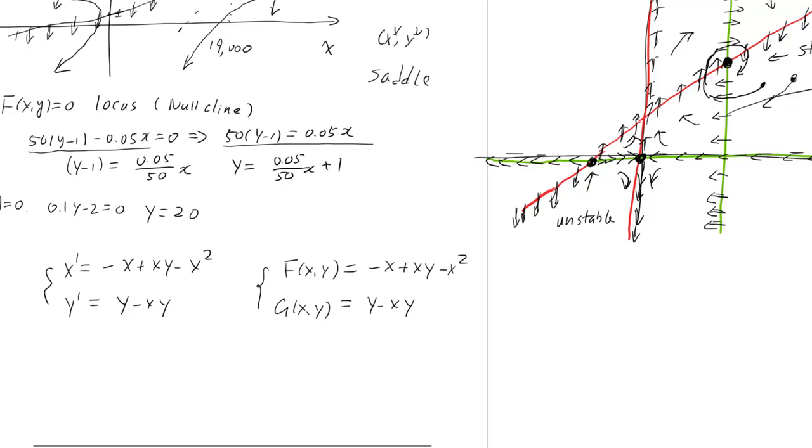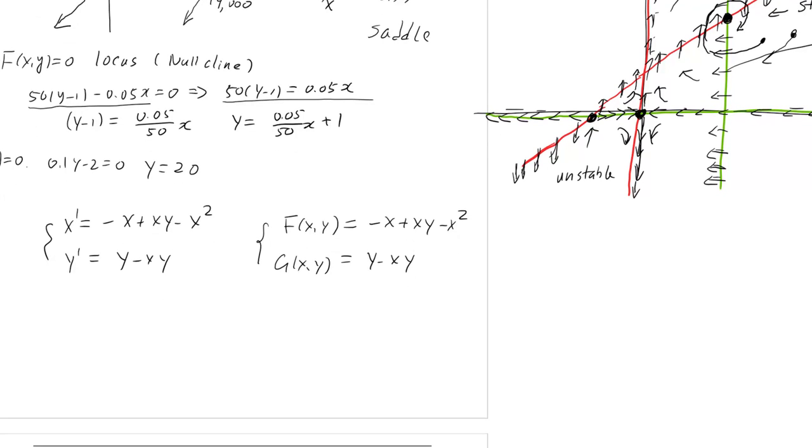Okay. First of all, let's recover the equilibria, we actually did it before. So f of x,y equal to 0 implies x times (minus 1 plus y minus x) is equal to 0. And g of x,y equal to 0 implies y times (1 minus x) is equal to 0.